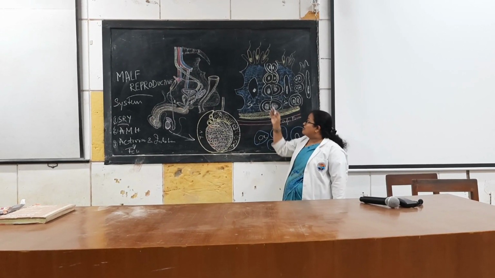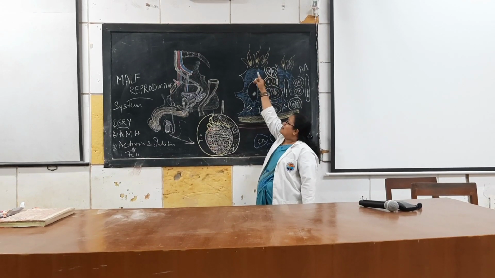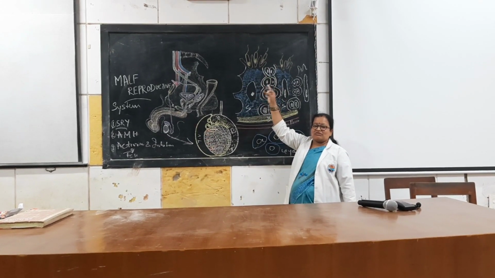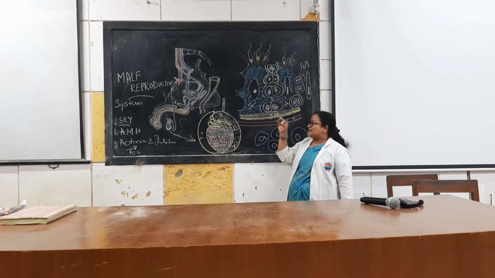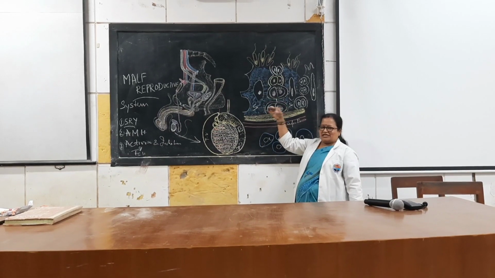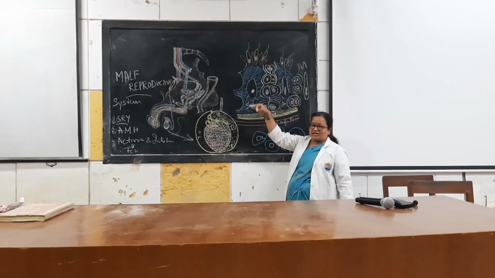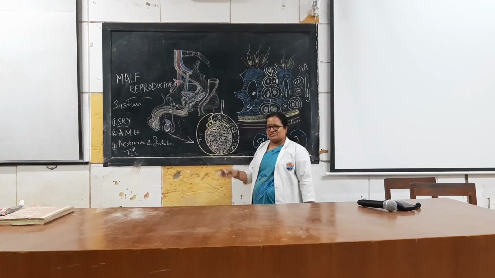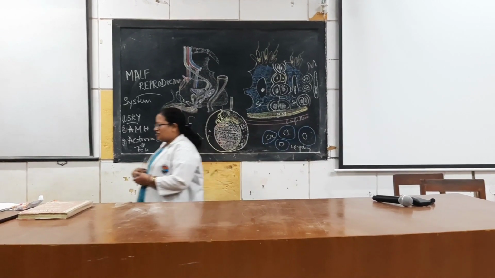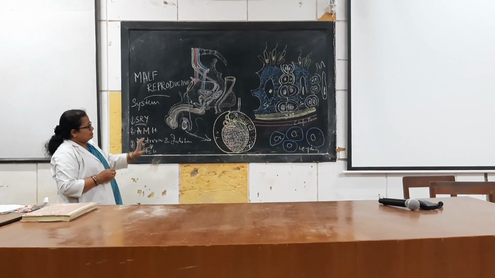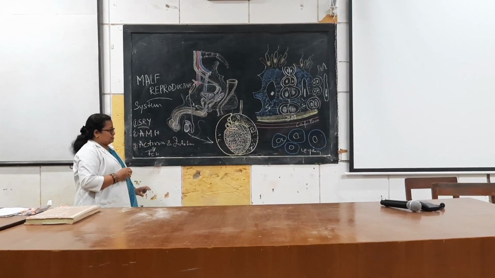And these sperms are held within the Sertoli cells by intercellular bridges. The residual bodies, which are thrown out by the motile sperms when they finally mature, are again taken up by the Sertoli cells. So Sertoli cells have important functions in the testis.